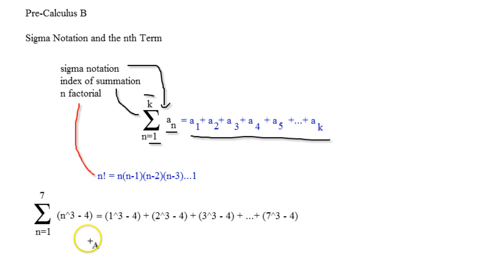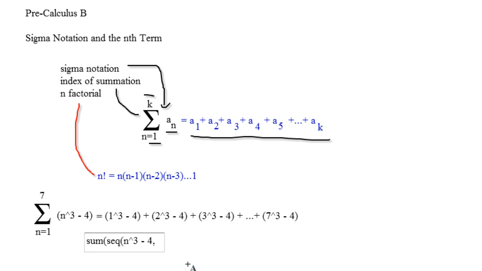Also, you can do this on your TI-89 calculator, and here's the actual notation that you would plug in. This would be the sum, and then you press sequence inside of it, and you're going to have your n cubed minus 4 in parentheses.